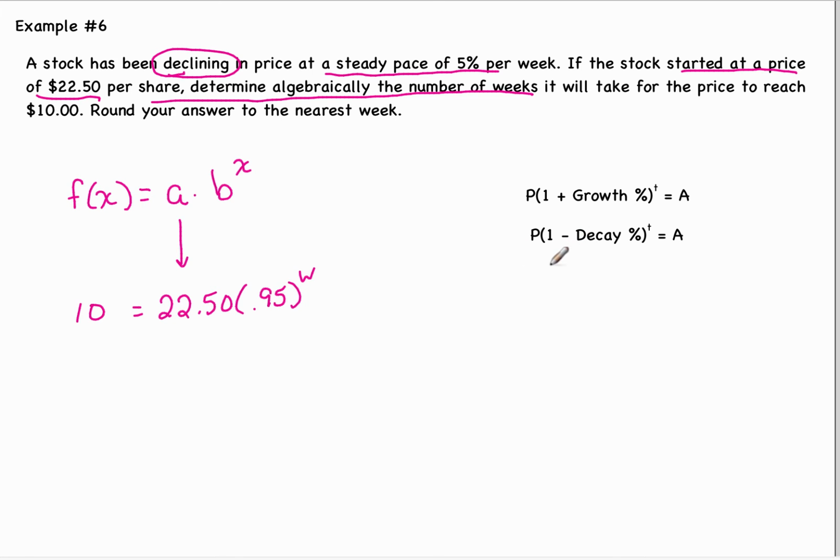Remember, because decay says we take 1 and we subtract the fact that it's decaying 5%. So that means we're maintaining 95%. Hopefully by now, we're going to try and isolate that W as unknown exponent as much as possible.